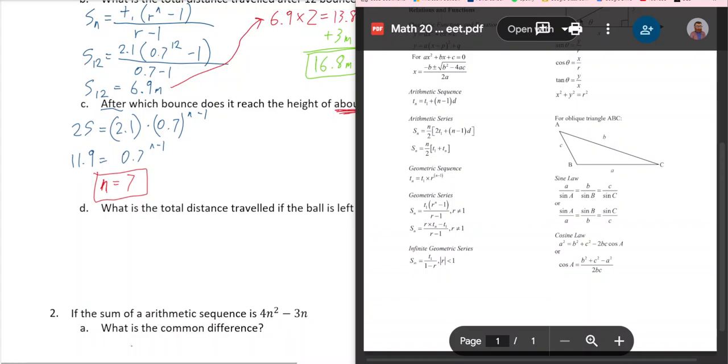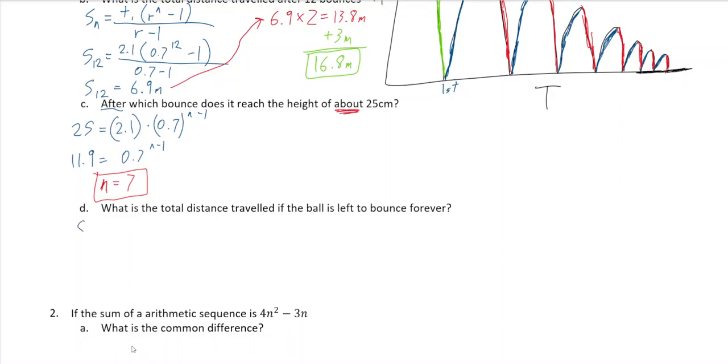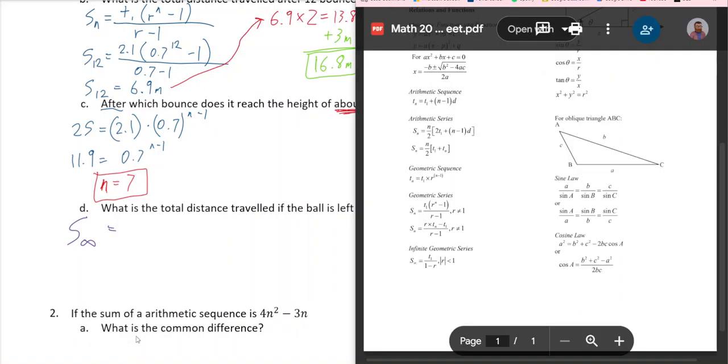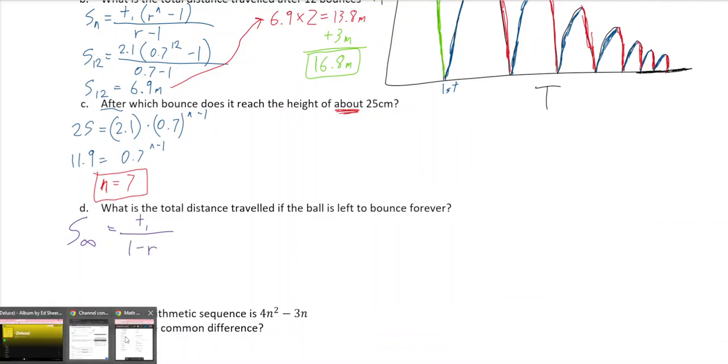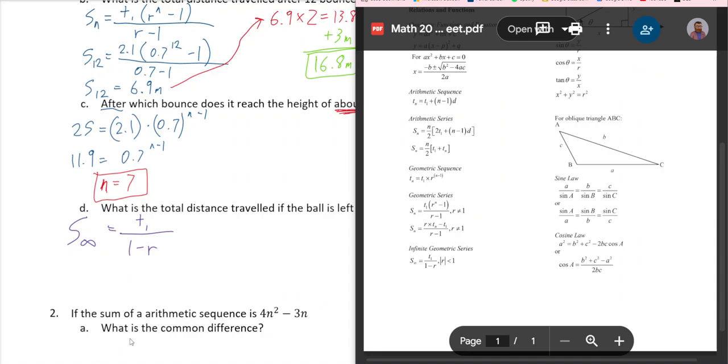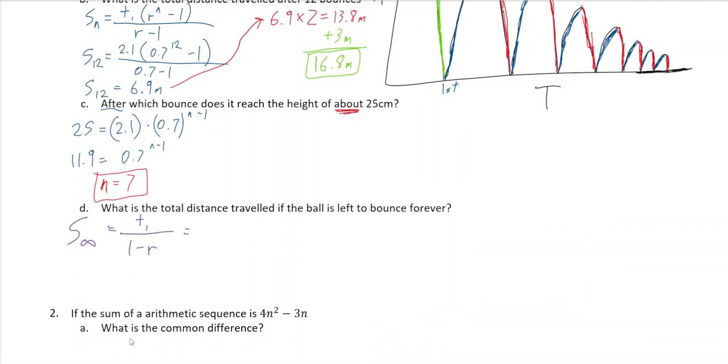So we have S to infinity, and we have to just use that formula. So t1 over 1 minus r, and there's really nothing else you can say about that other than r needs to be less than 1, and in this case r is less than 1.